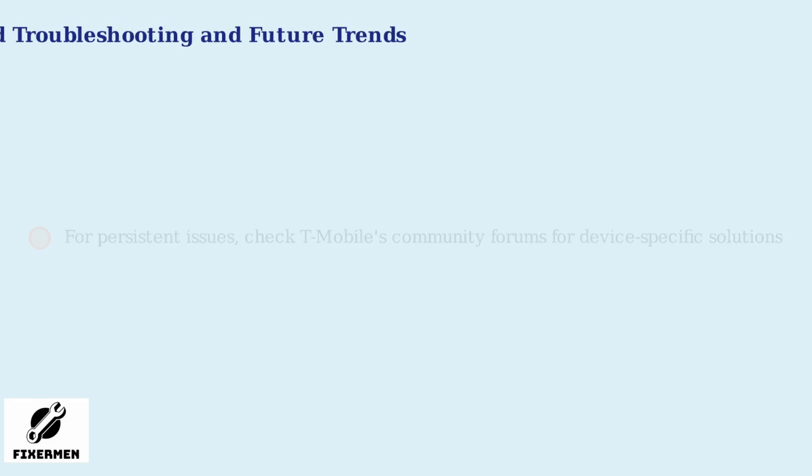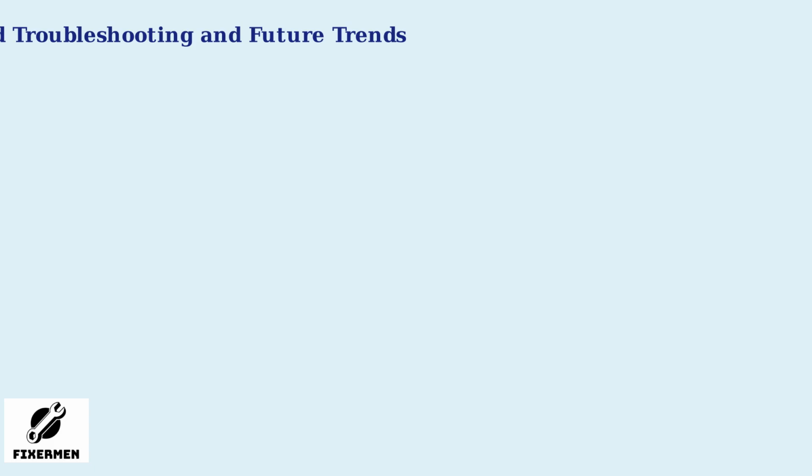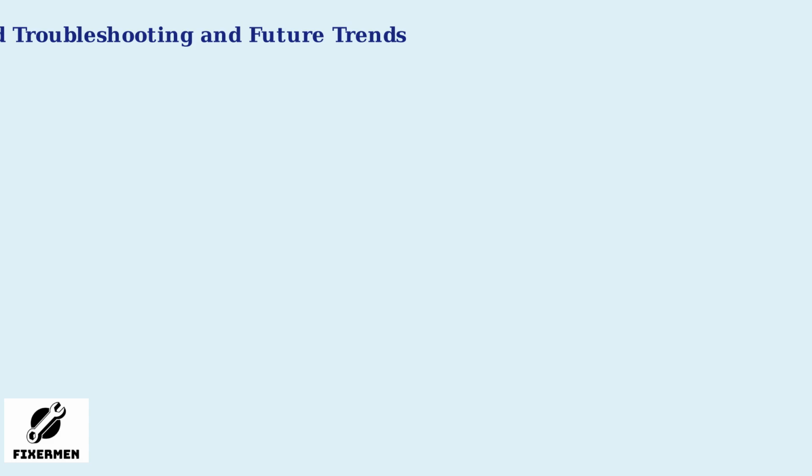For persistent issues that aren't resolved by basic resets, consider checking T-Mobile's community forums for device-specific solutions shared by other users. Current trends point towards AI-driven resets becoming more common. In 2025, T-Mobile introduced AI-assisted troubleshooting features in their app, enabling automated diagnostics that can prompt or guide network resets without manual intervention.